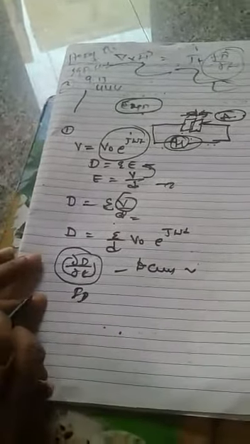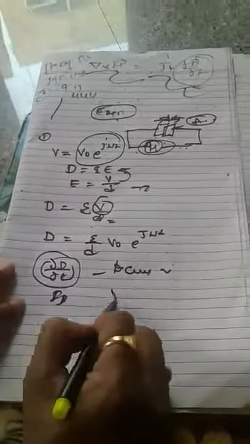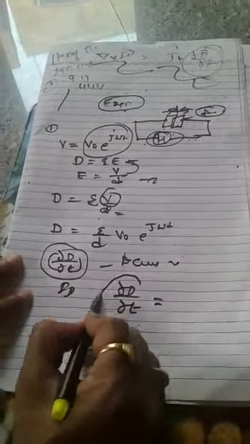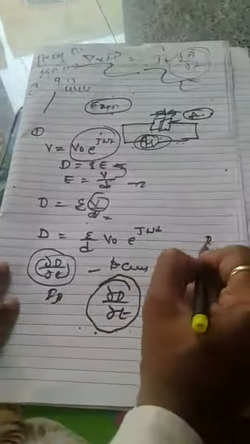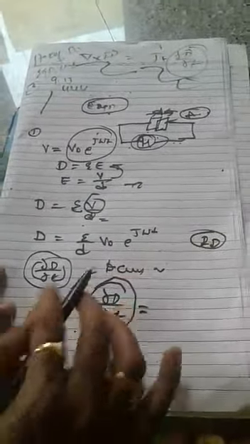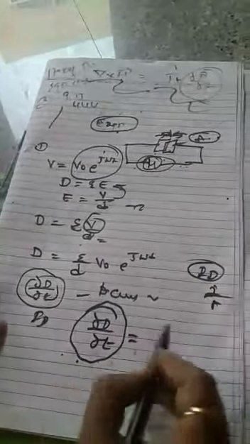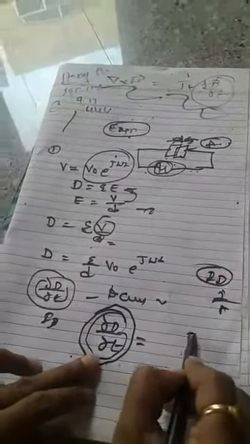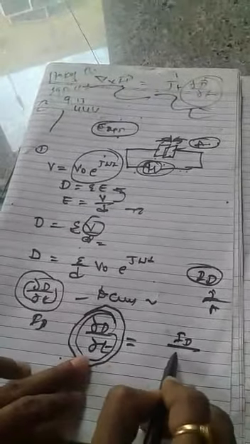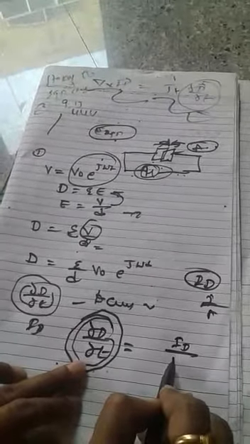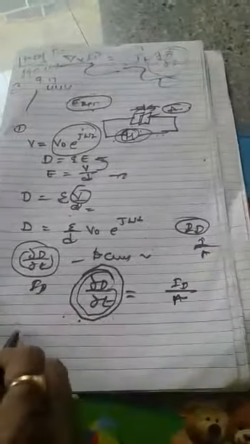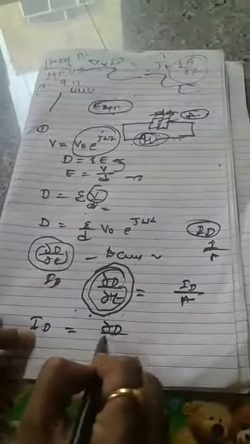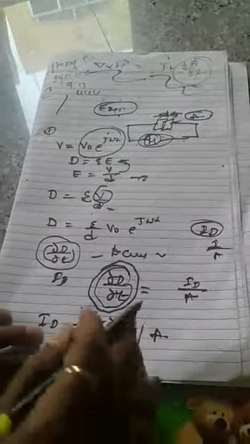The current density is current by area, so current density is id divided by area A. Therefore id is equal to dou D by dou t into area A.